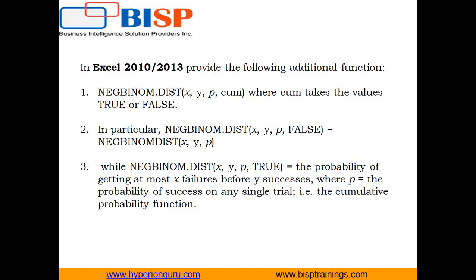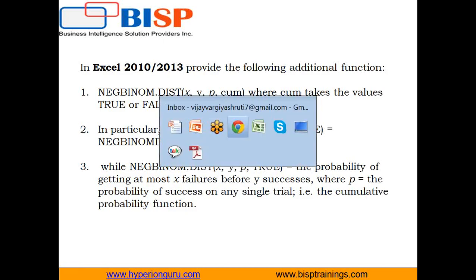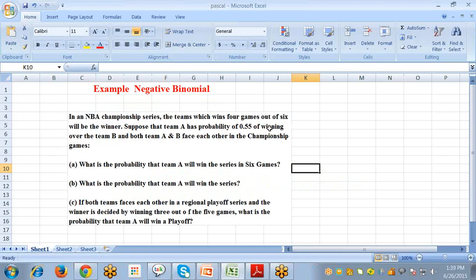So how the function works in Excel, I'm going to show you with the help of one example. In an NBA championship series, the team which wins 4 games out of 6 will be the winner.